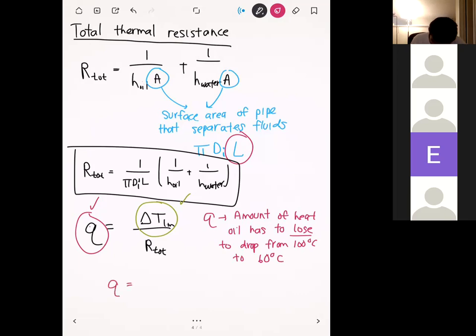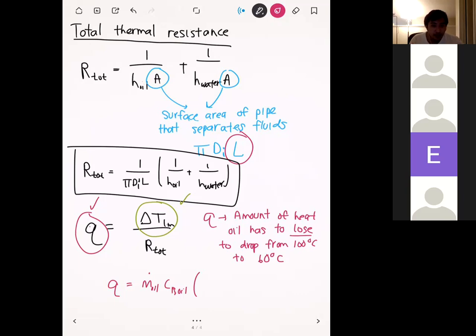And so Q is going to be m dot of the oil times Cp of the oil, right? And so it's the mass flow rate multiplied by the specific heat, sorry.